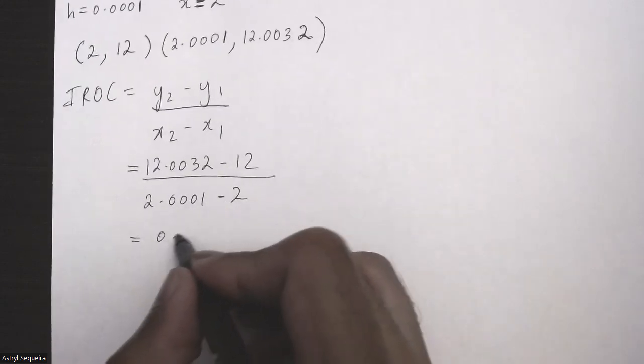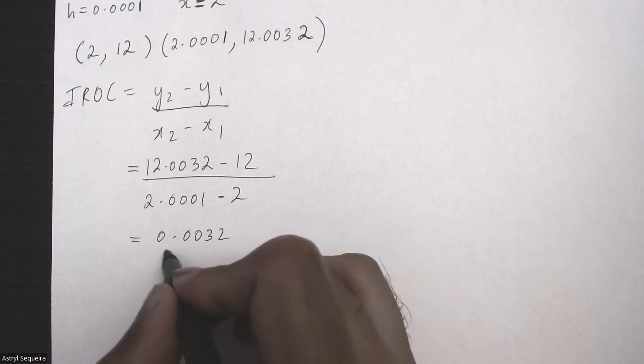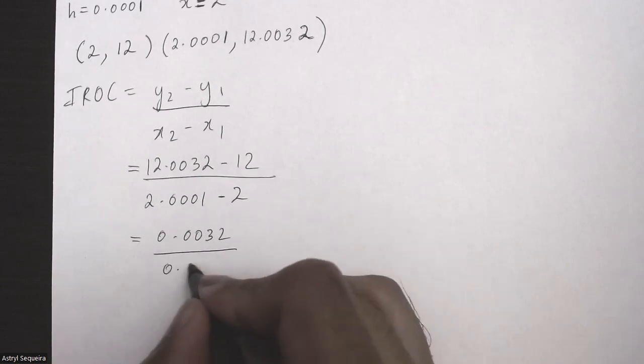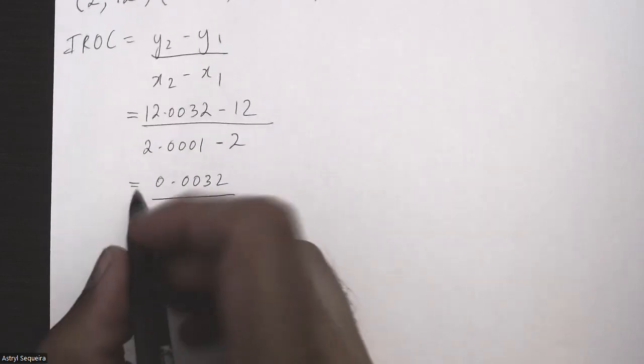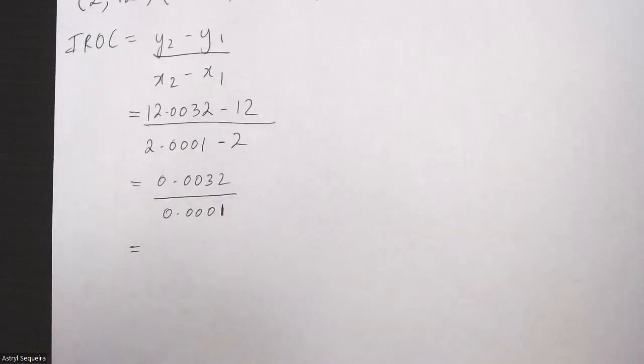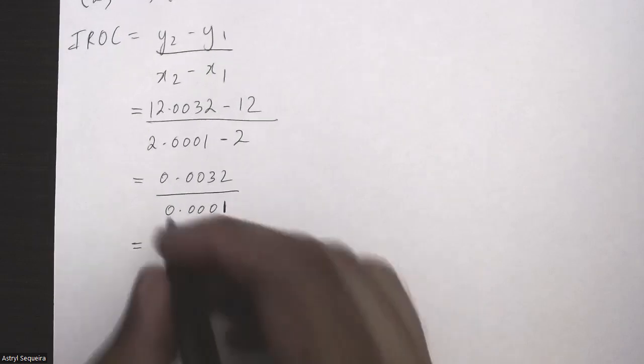Well, this is going to just be 0.0032 on the top, and the bottom is just going to be 0.0001. And if I divide these, I should be able to do it mentally, but I'm going to do it in the calculator just to be safe. Yep, it gives us 32.